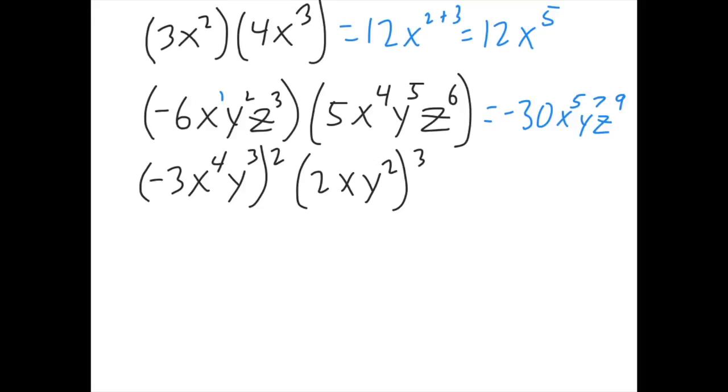So to do that, we need to look at the exponents. So first we have negative 3 squared. So we raise each thing to the exponent. Negative 3 squared is negative 3 times negative 3, which is a positive 9.